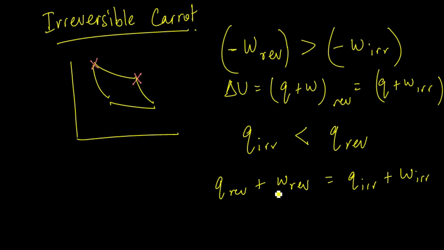And I take this on the other side, Q reversible minus W irreversible is equal to Q irreversible minus W reversible. Now I know that minus W reversible is larger than minus W irreversible, so Q reversible has to be larger than Q irreversible.